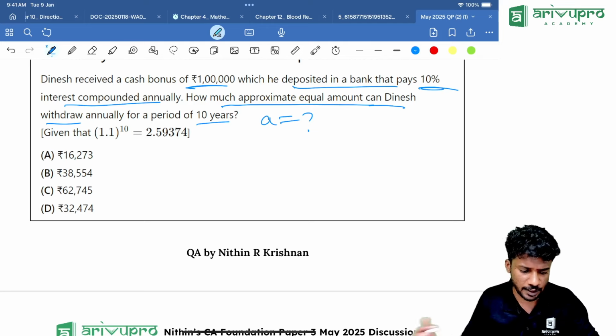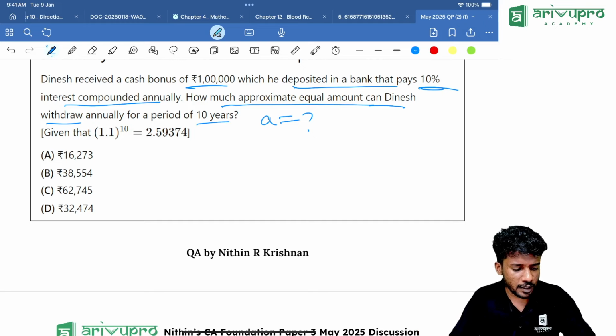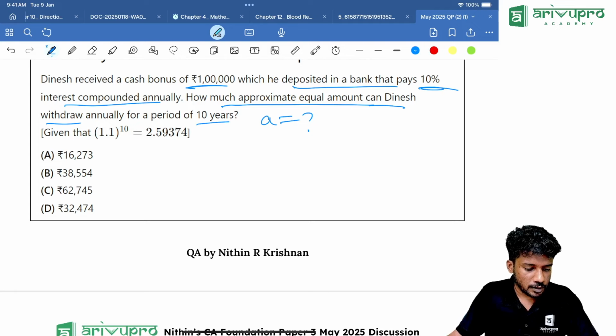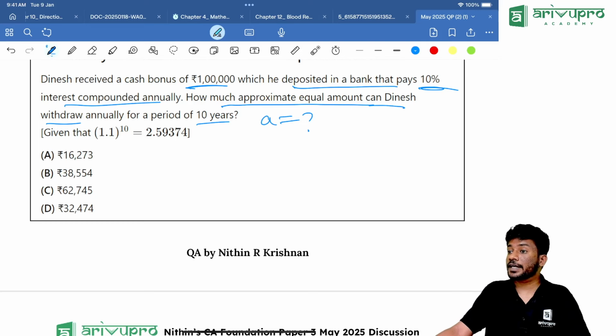GT method everyone tried. That means clear the memory. 1.1 divide equal to how many times? 10 times. 1, 2, 3, 4, 5, 6, 7, 8, 9, 10.